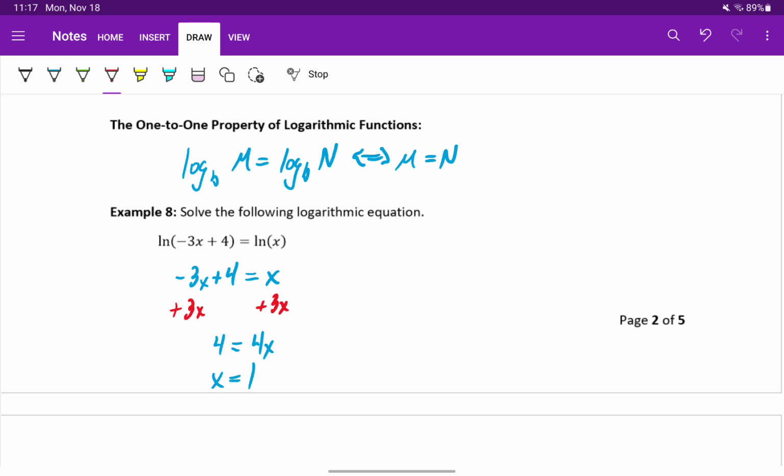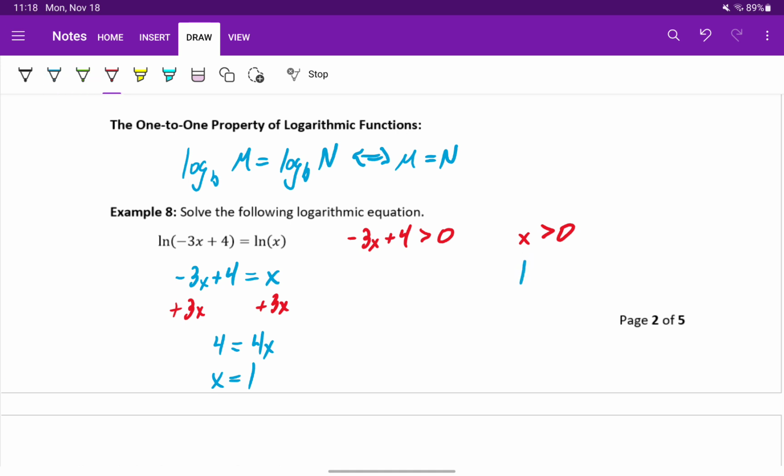Since we're solving logarithms, we need to check that that value lands our logarithms within the appropriate domain. Since we have two different log statements in the original problem, we need to check both of those. We need negative 3x plus 4 to be greater than 0, and we need x to be greater than 0. Checking the second one is pretty easy.